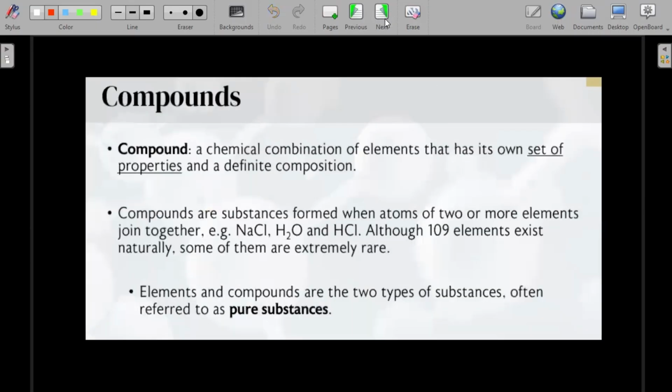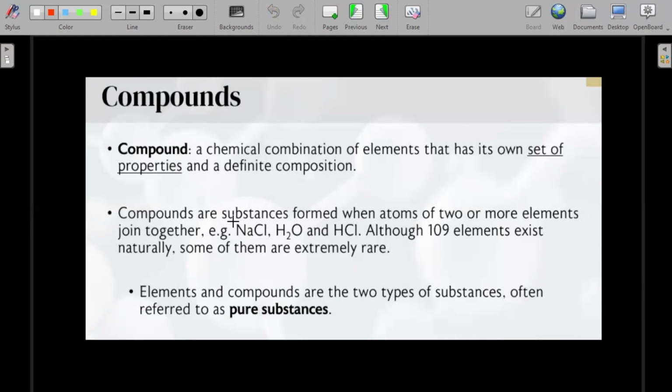A compound is simply a chemical combination of elements that has its own set of properties and a defined composition. How are compounds formed? We get one element or more elements and put them together, forming a compound.